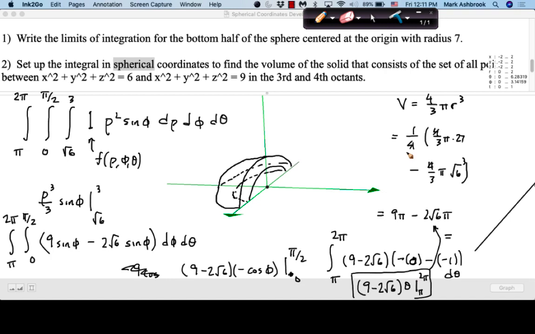Okay, so that shows our triple integral was correct by comparing it with just plain geometry. Any questions on that? I left this off, so this still is pi to 2 pi d theta equals.